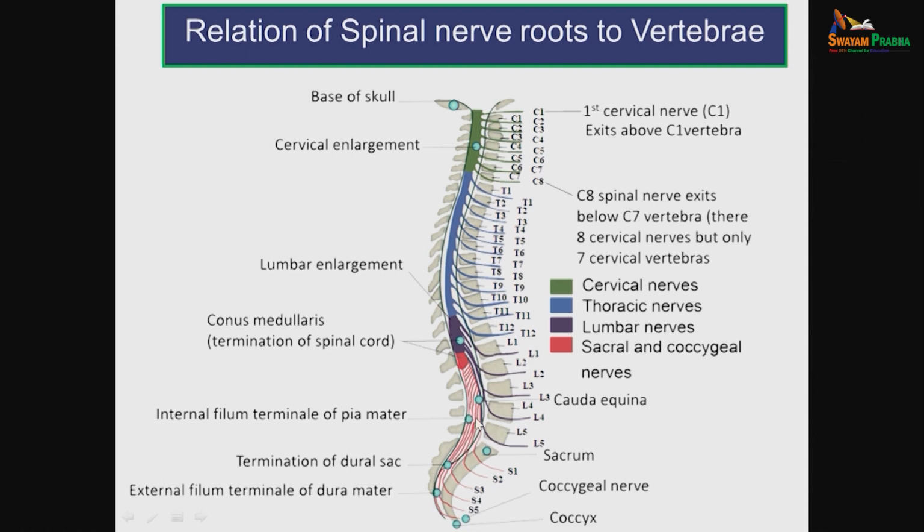This is because the cord ends at the level of the lower border of L1. There is a cranial shift, or rostral shift, of the cord. So, the lower 4 pairs of lumbar nerves, 5 pairs of sacral nerves and 1 pair of coccygeal nerves take a vertical course and reach the corresponding intervertebral foramina.